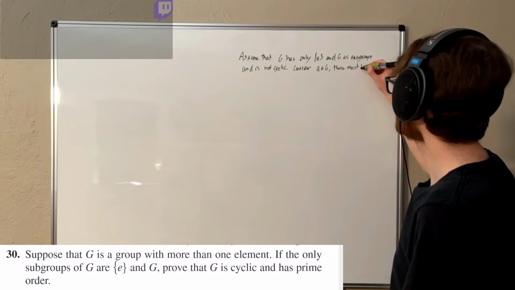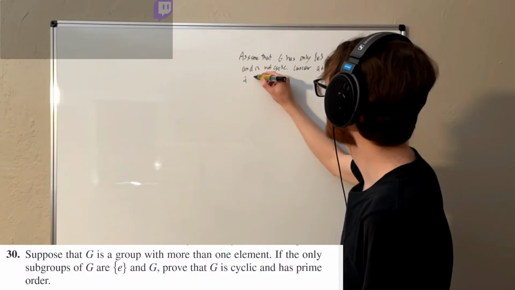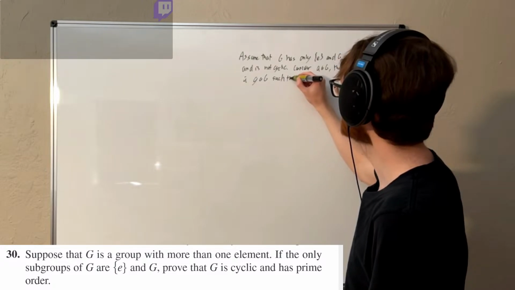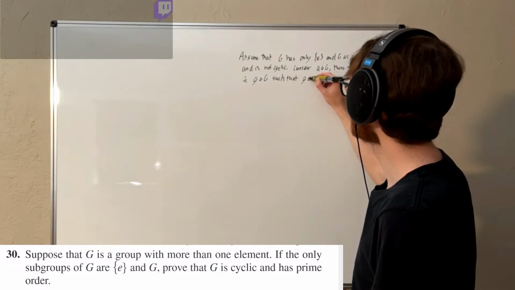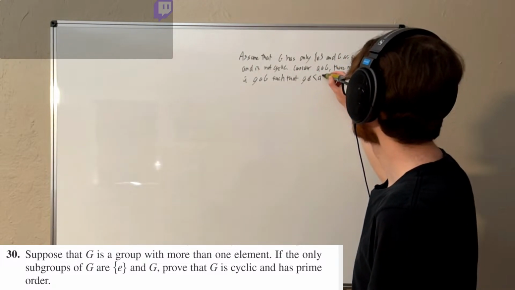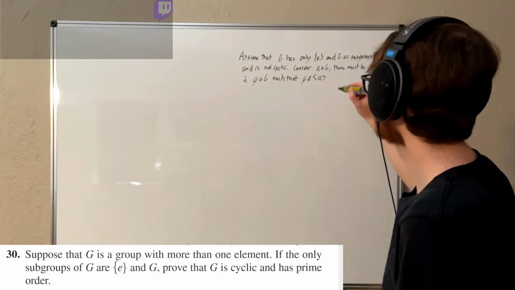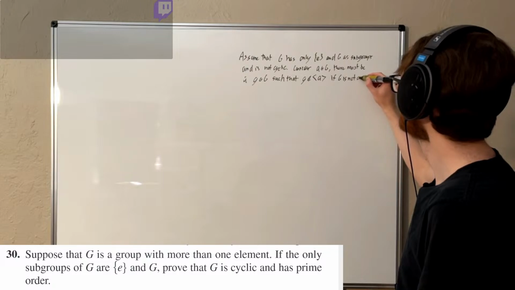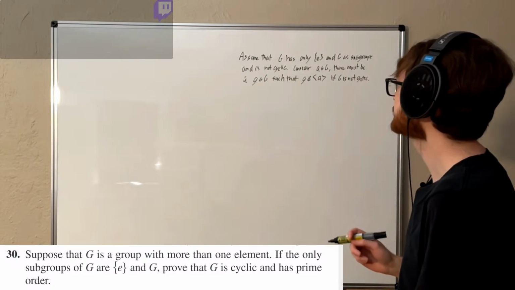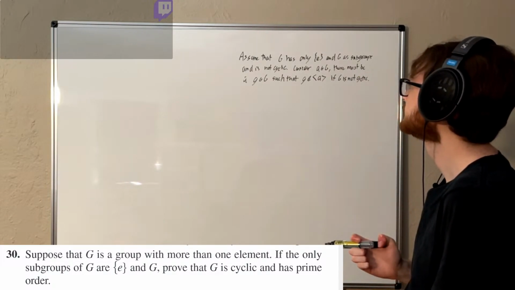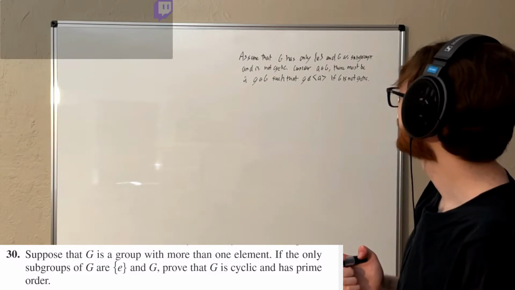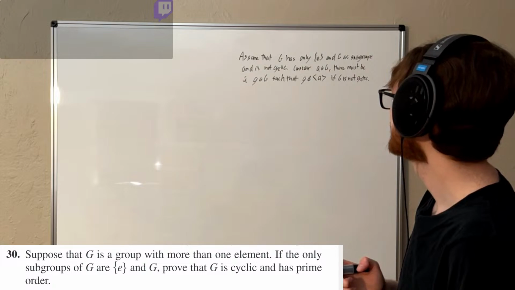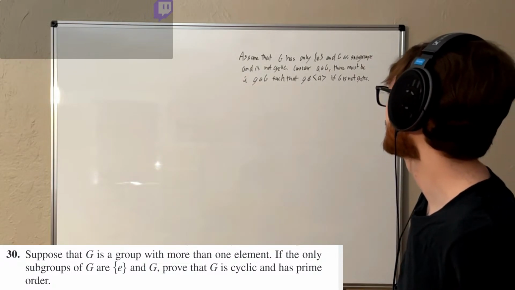There must be a g belonging to G such that g is not in the group generated by A, if G is not cyclic. I think that's where I'm going with this, that this other g can't exist.